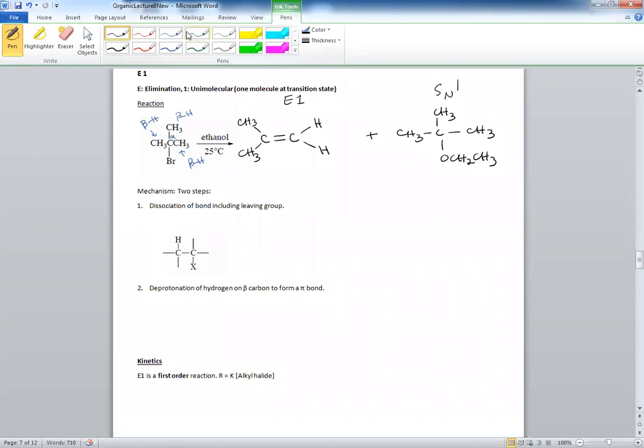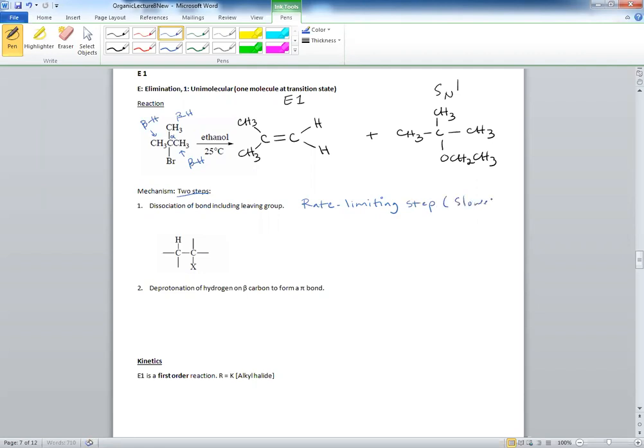So the mechanism of an E1 is that it's 2 steps. The first step, which is the rate limiting step, so that's your slowest step.